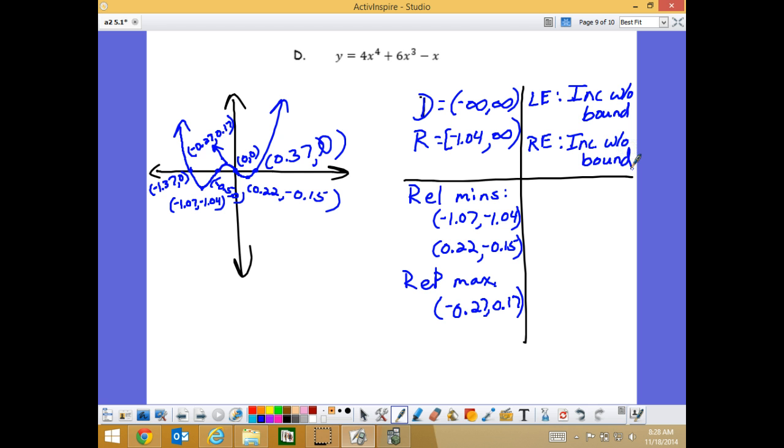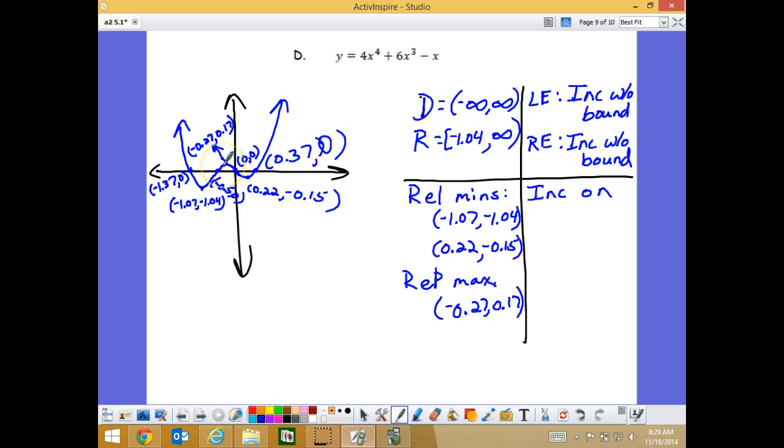And finally, where is it increasing and where is it decreasing? Now with this one, we're going to have two intervals for each one because it is increasing on two different intervals and decreasing on two different intervals. And again, increasing means we're going up as we go from left to right. So it is increasing on this interval here, going up as we go to the right.